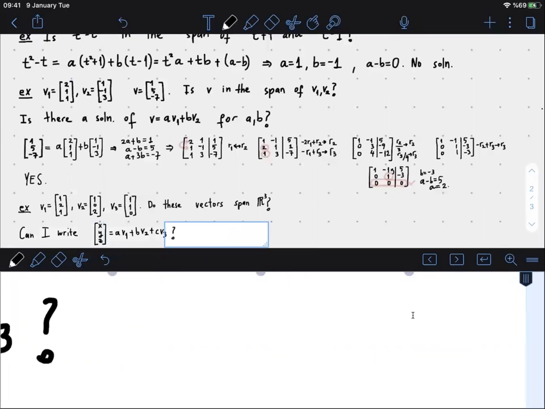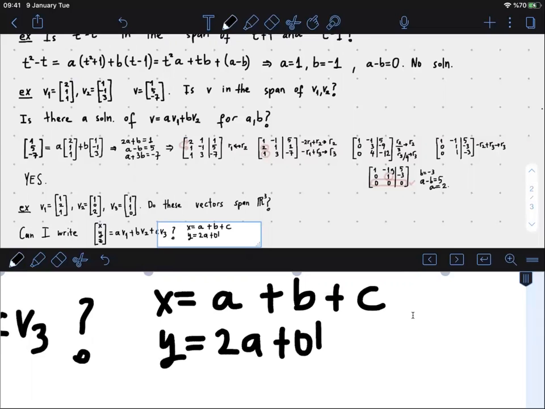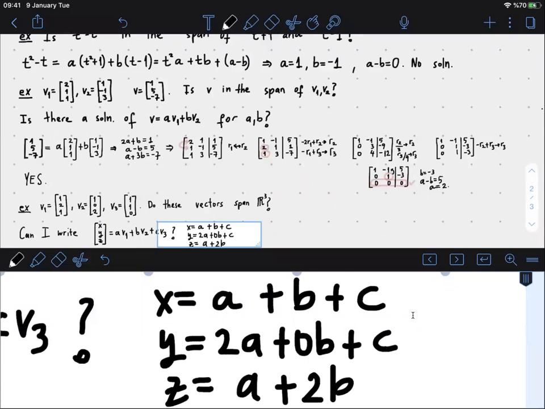Let's see what it means. If you look at the first equation, it means x should be a times the first component of v1, which is 1, plus b times the first component of v2, which is 1, plus c times the first component of v3, which is 1. y equals a times 2 and 0 times b plus 1 times c, and z equals a plus 2b plus 0c.